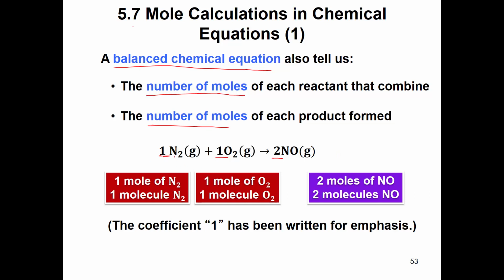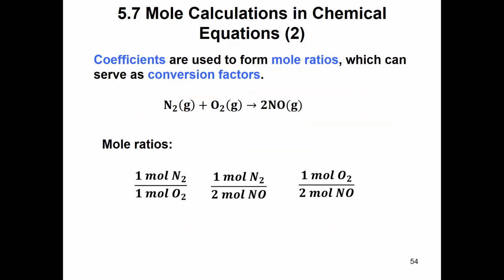So this 1 mole or 1 molecule of each one of these is going to form 2 moles or molecules of NO. So the coefficients are used to form the mole ratios. And those mole ratios, as we know, can be used as a conversion factor. And so since it's a 1-to-1 for oxygen, it's 1 mole nitrogen to 1 mole of oxygen.